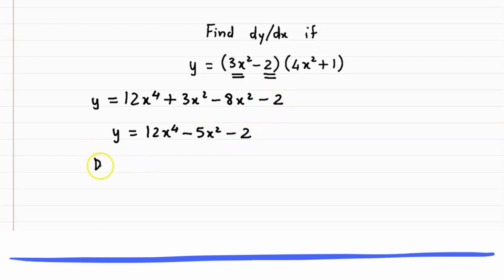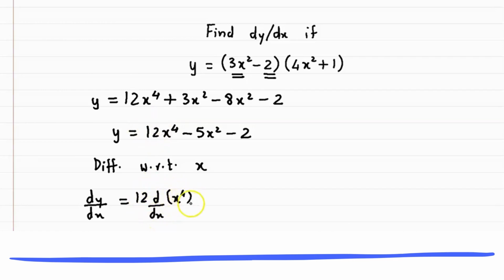And now we differentiate with respect to x. So differentiating with respect to x, we have dy by dx is equal to, now we take the derivatives of the individual terms. Now 12 is the coefficient, so we have 12 times the derivative of x raised to 4.